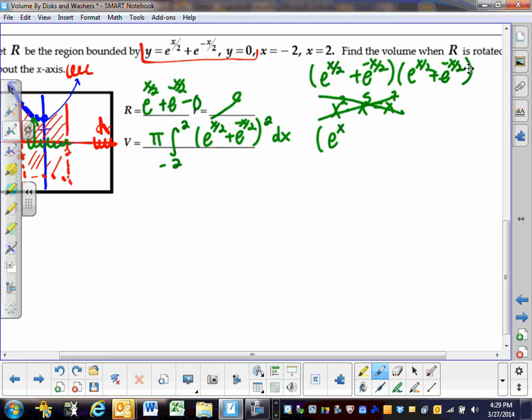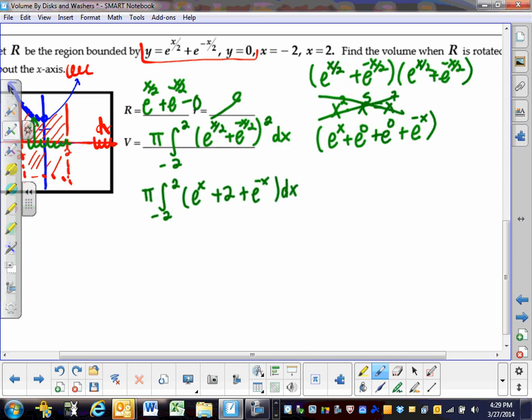So half of x minus half of x is 0, but I still have the e. So it's e to the 0. Same thing for the inside. It's e, and I add my exponents and get 0. And the last part, I'm going to add my exponents and get negative x. So what I'm actually anti-deriving is pi, negative 2 to 2, e to the x plus 2 plus e to the negative x dx. Now, this is where the fun, cool stuff comes into play.